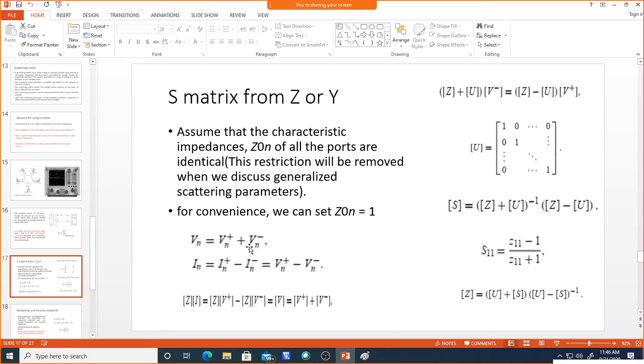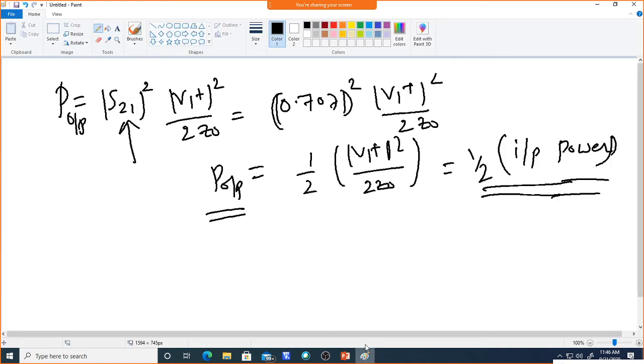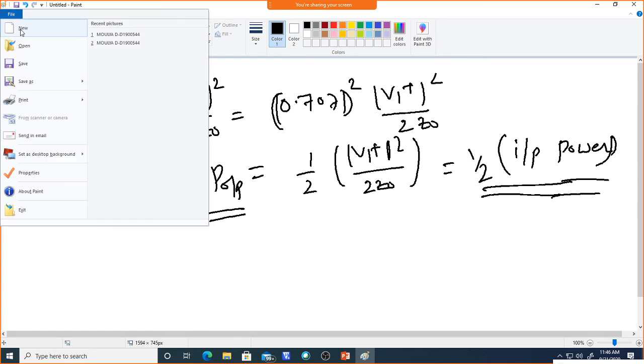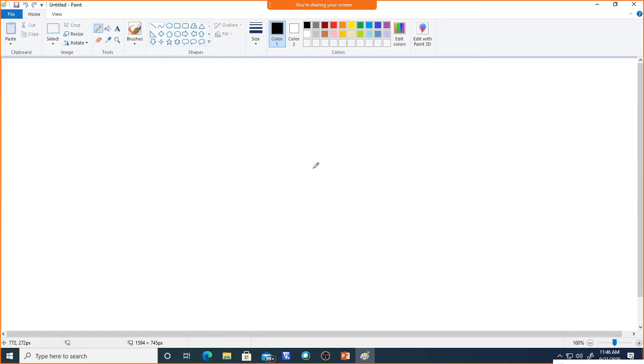Take the same transmission line equations that we arrived at, and take all the port impedances as normalized, taken as 1. If you take the second equation, say for example In equal to Vn plus minus Vn minus, that is I equal to V plus minus V minus.